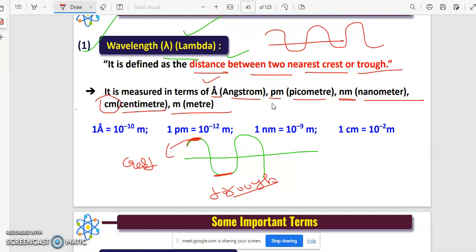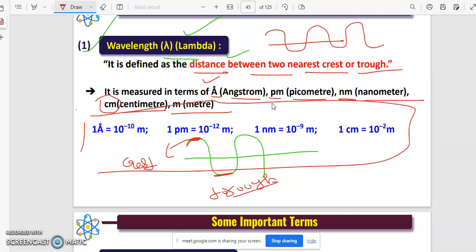So these are some important points given here. 1 angstrom is equal to how many meters? Yes, this will be helpful in solving some numerical problems, as numerical problems related to wavelength can come from here.